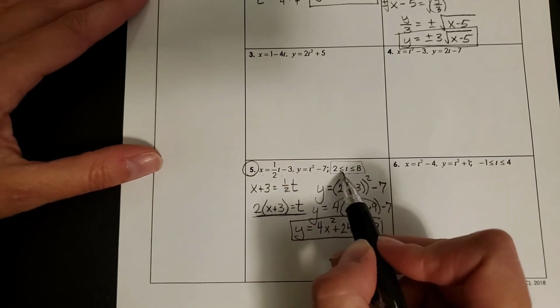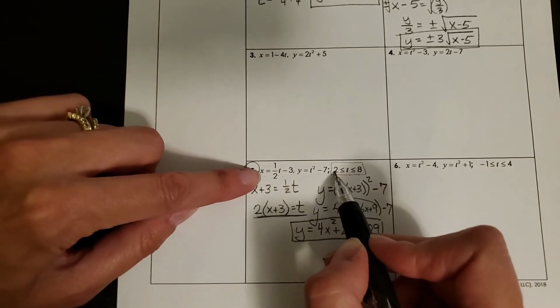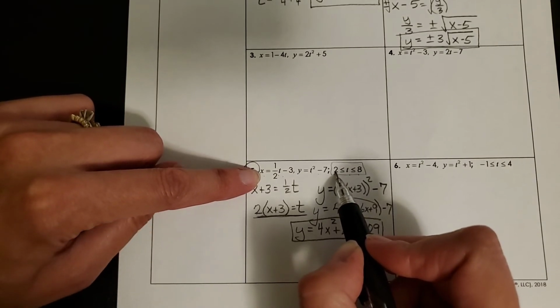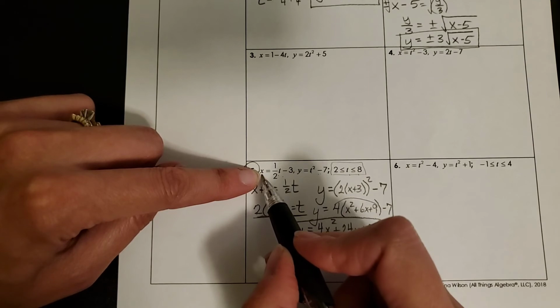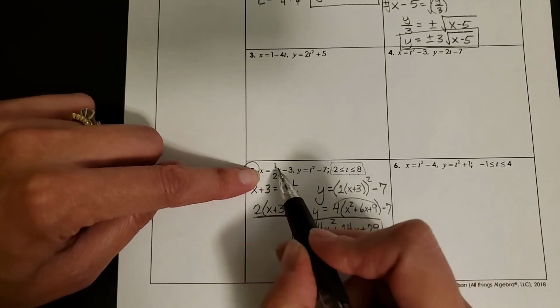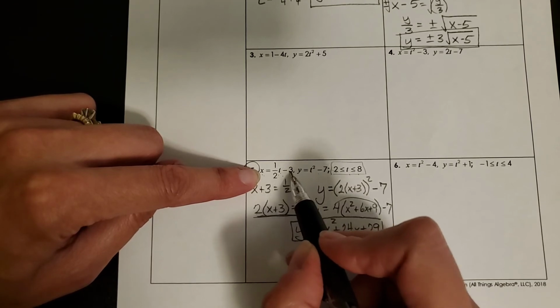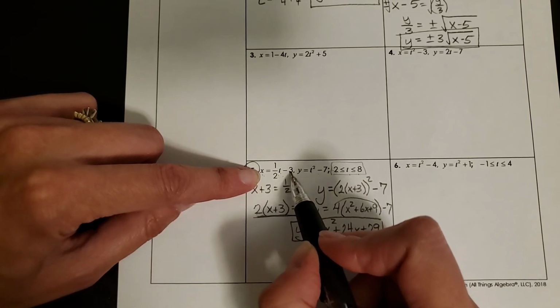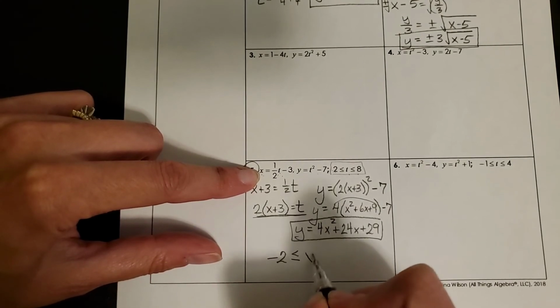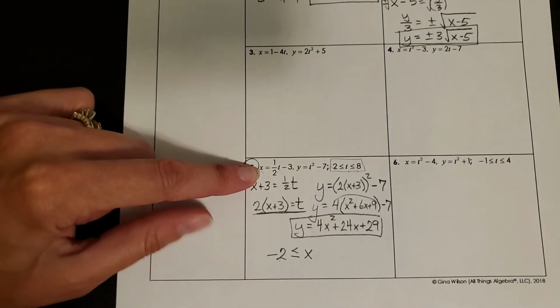I know that if t is 2, that would be the starting point for t. What's the x coordinate that corresponds to it? We'll plug in 2. 1/2 of 2 is 1, minus 3 is negative 2. So negative 2 is going to be that smallest value for x.